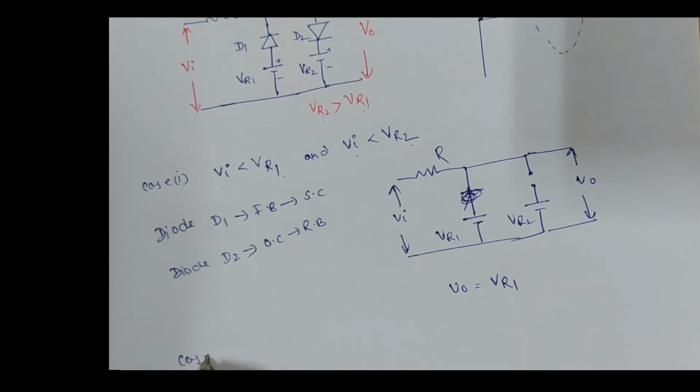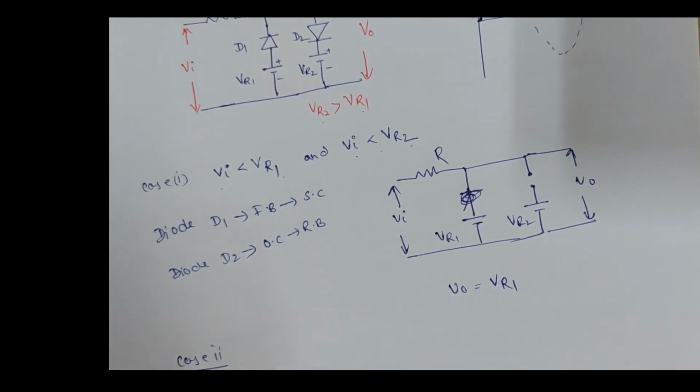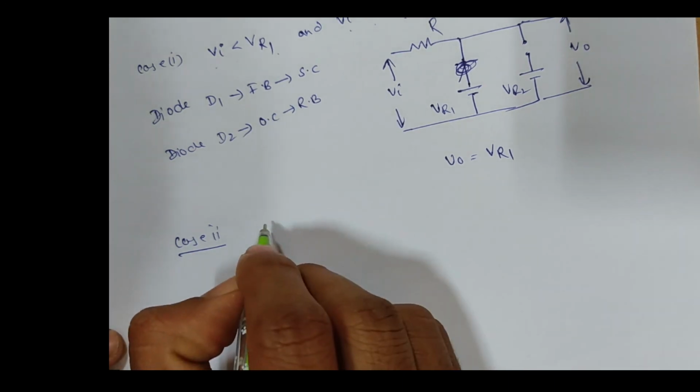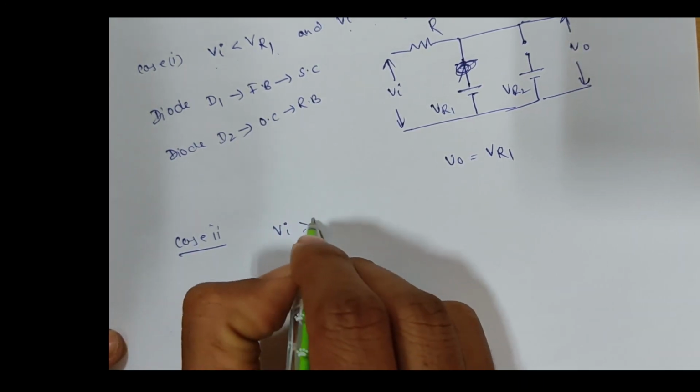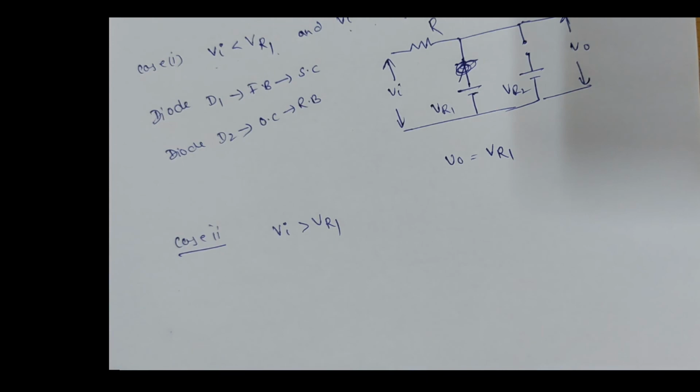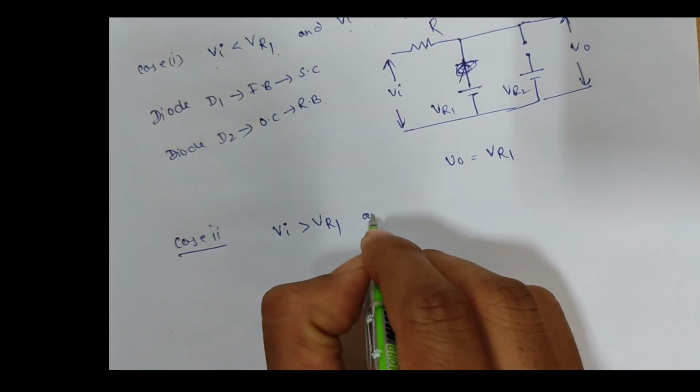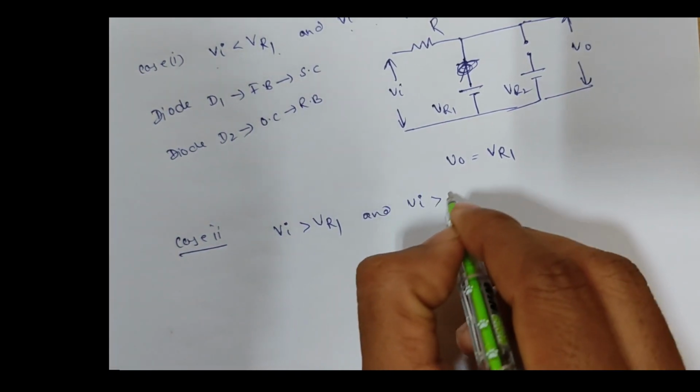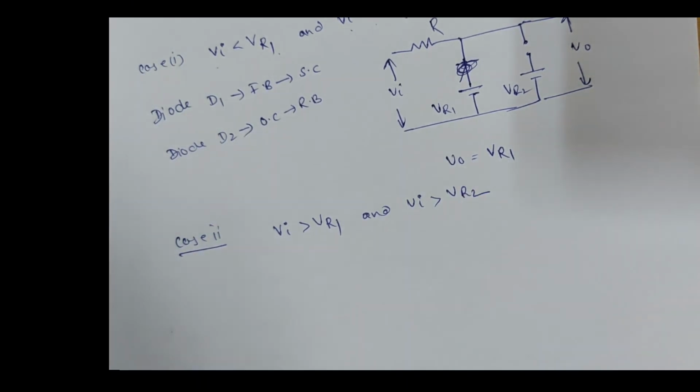And in case 2, Vi is greater than VR1, then automatically Vi is greater than VR2.